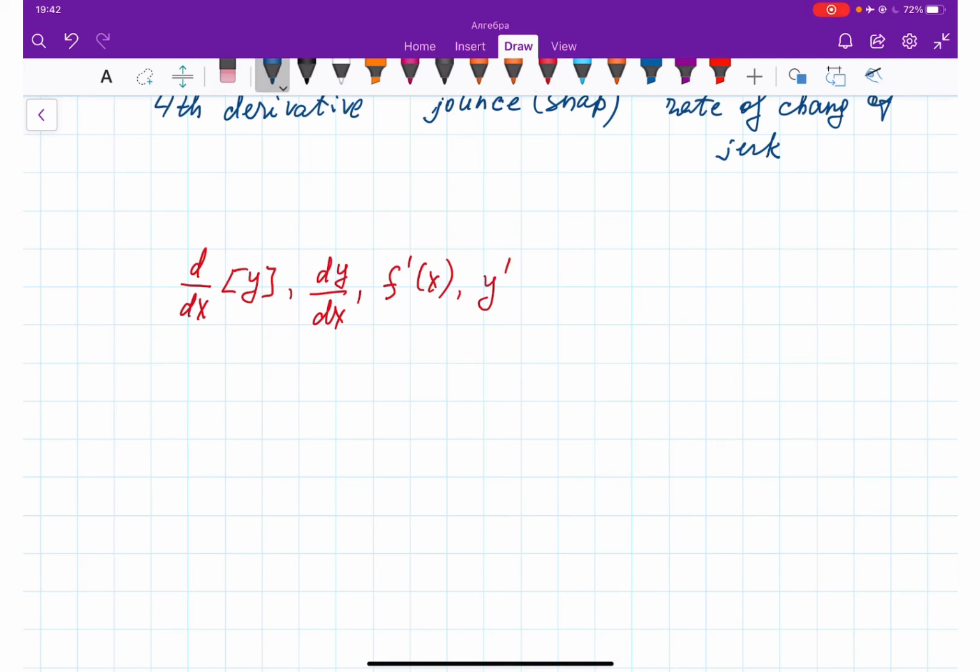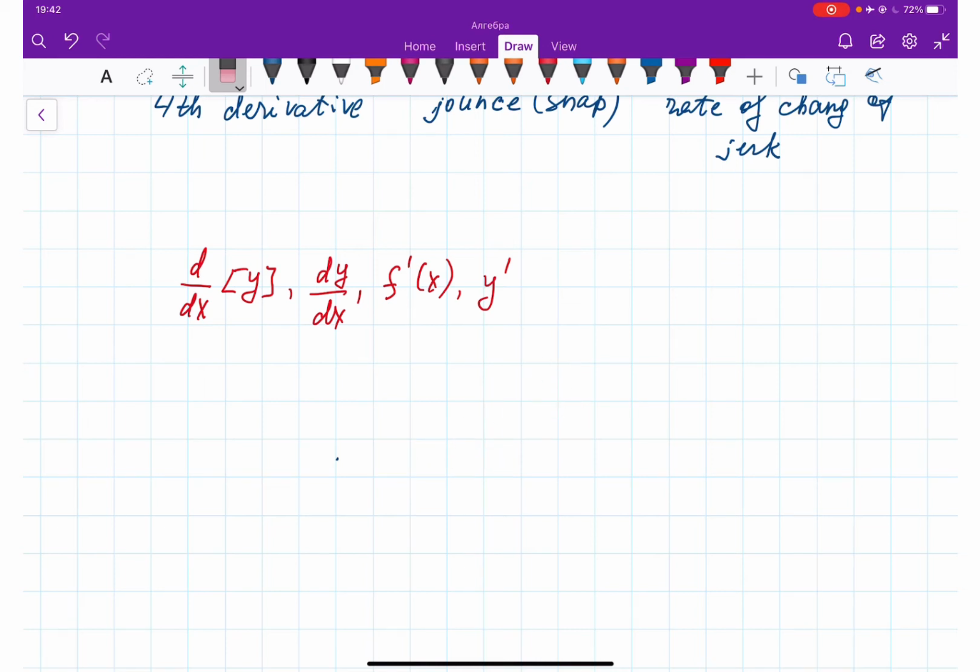For example, if I have y equals, whatever, 3x plus 5, then to find the derivative it's convenient for me to put y prime because I don't have f of x. But if I have f of x equals blah blah blah, then I put f prime of x, correct? Or if I have y, I can put dy by dx. Either way. It's just a matter of convenience, that's all.